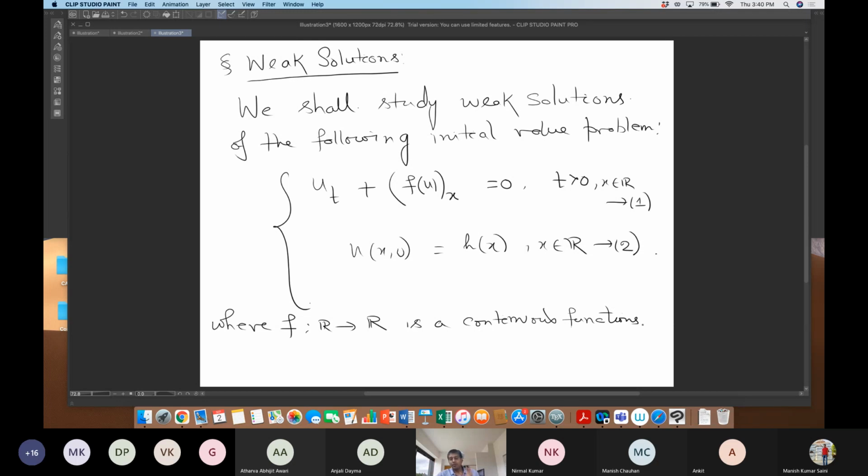So we want to study this problem. f is just a continuous function. Is that clear?